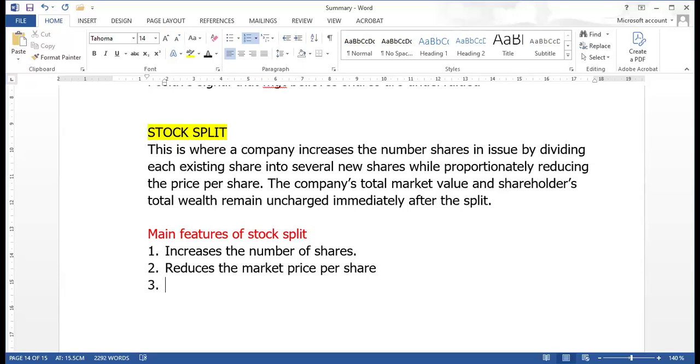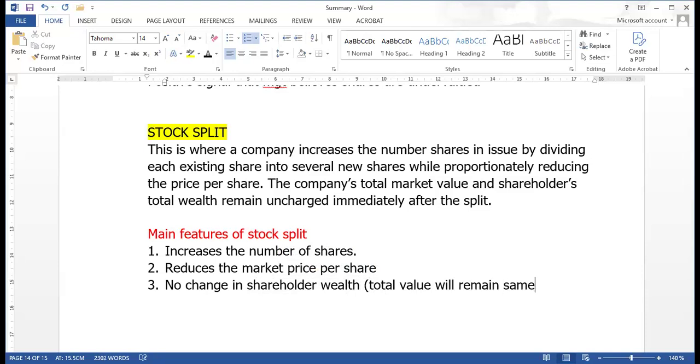Then number three, you saw that there is no change in the overall shareholder wealth. You saw that there is no change because the total value is going to remain the same. There is no change in the shareholder wealth. There is no change in the company value, because here the total value will remain unchanged.